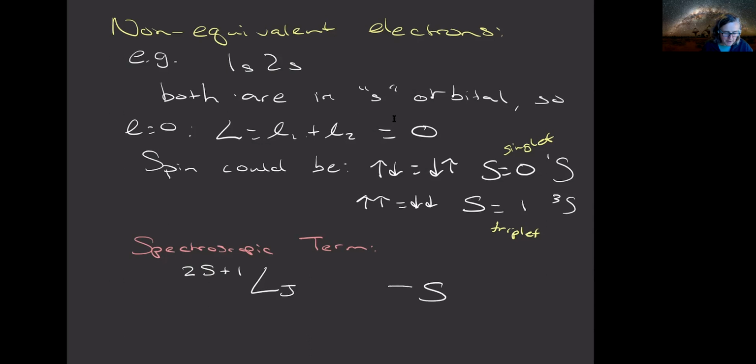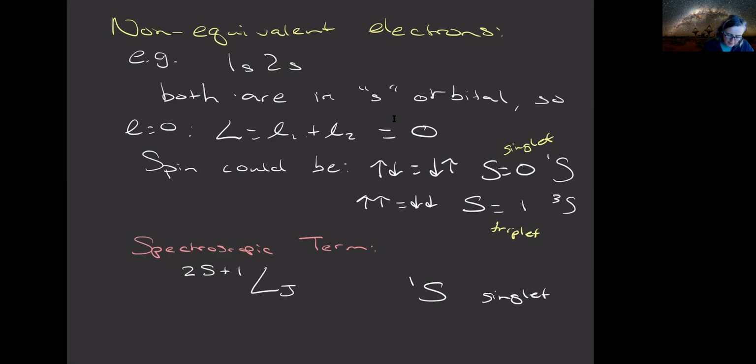And I have 2S plus 1 as the term that comes up here. I've said that S could be either 0 for my singlet state, or it could be 1 for my triplet state. So this term can be 1S, which is 2 times 0 plus 1 equals 1, and that's my singlet.